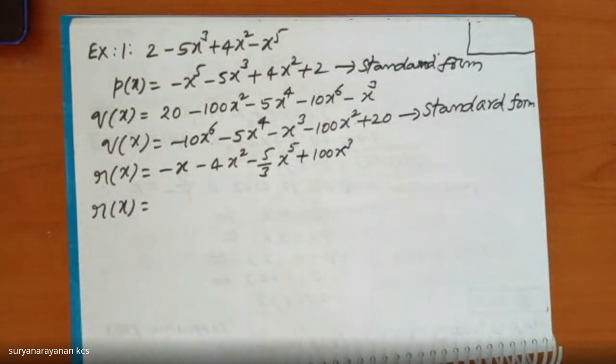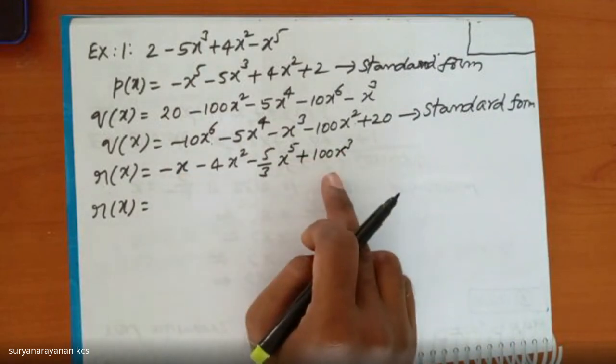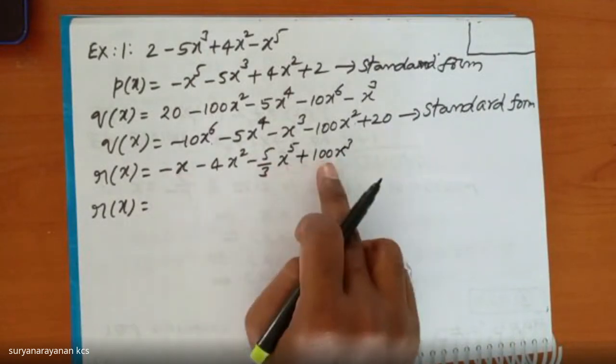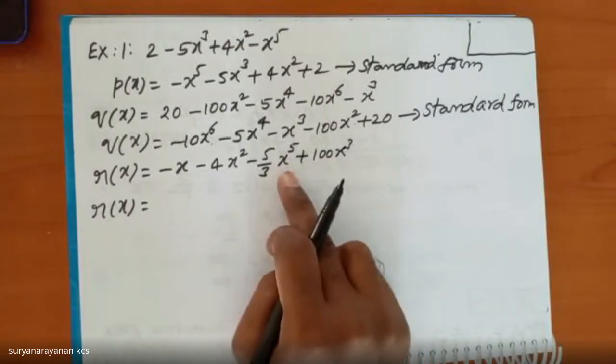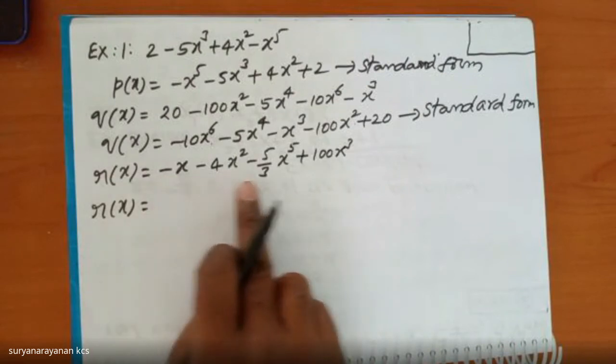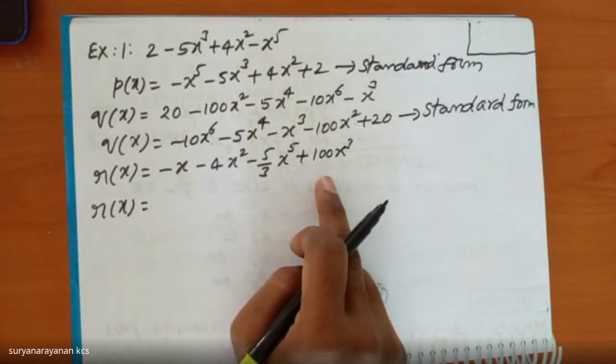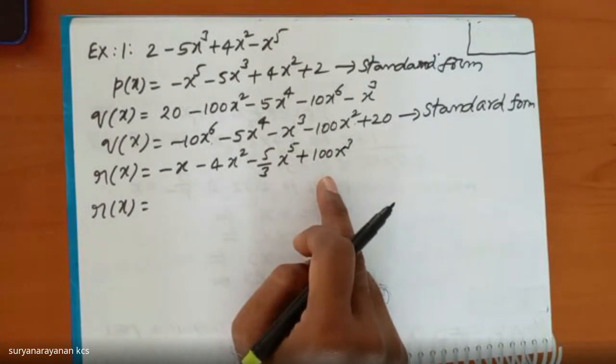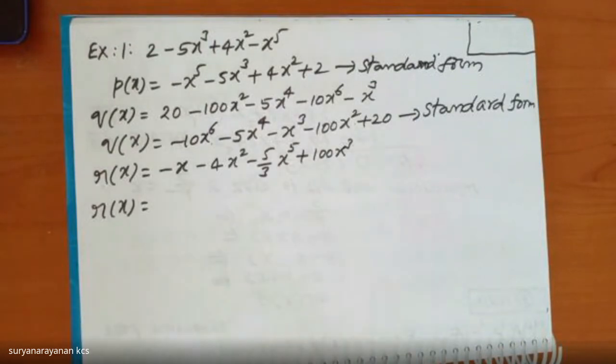Now tell me, is this polynomial in the standard form? No, sir. What is meant by a polynomial in the standard form? The terms of the polynomial should be arranged in such a way that the powers of x are descending. Tell me, what is the first term?